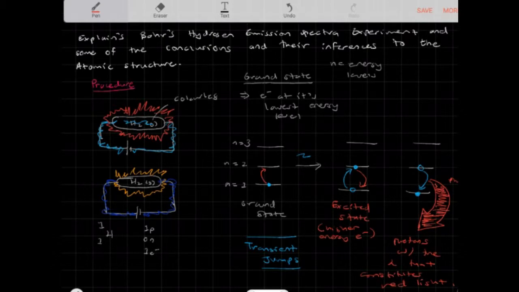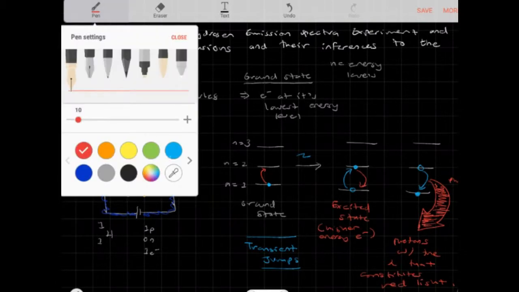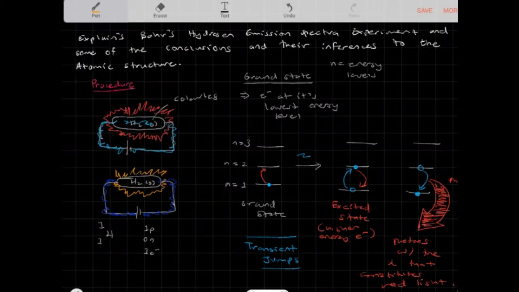And what Bohr saw was that in the case where he increased the electricity, increased the voltage, using the same model, instead of the electron jumping into the second energy level from ground state, it actually jumps to the third energy level, right? So now it ends up here, right?